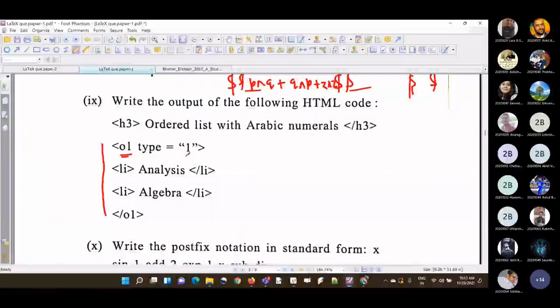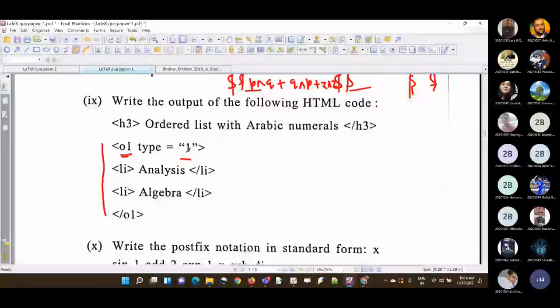They keep it in quotes. So the output of this will be 1 analysis, and then a second algebra, like this.